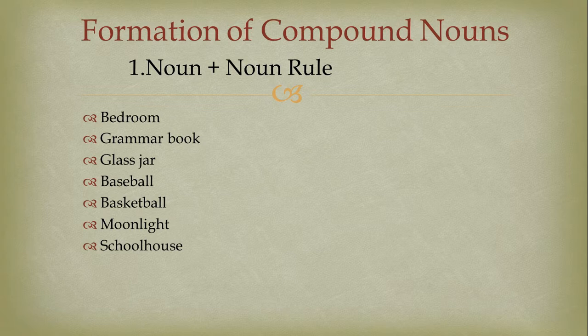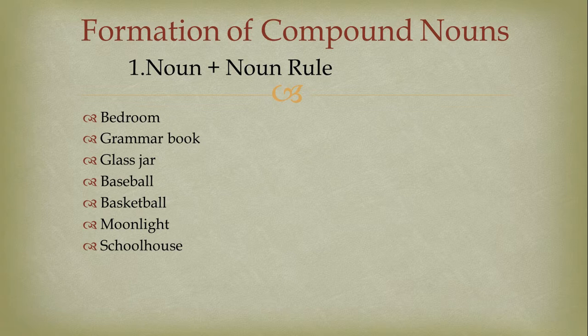Glass jar. Baseball, basketball. Basket is a noun, ball is a noun. When combined together, a new formation of noun, of compound noun, is formed. Moonlight, schoolhouse. These are the examples of rule, noun plus noun, by which we have formed compound nouns.